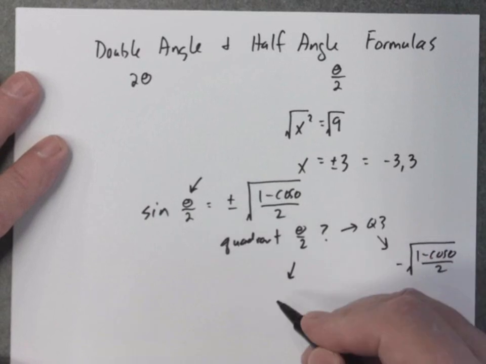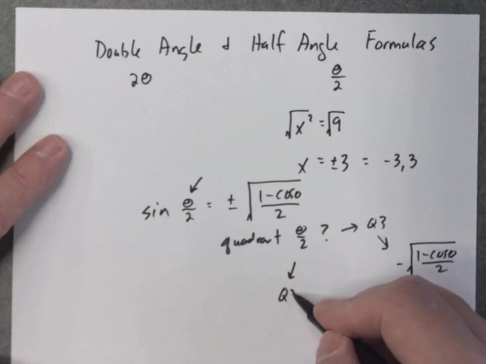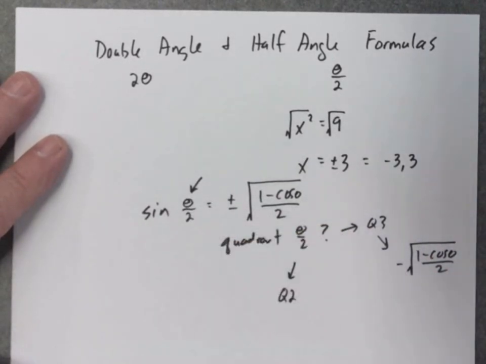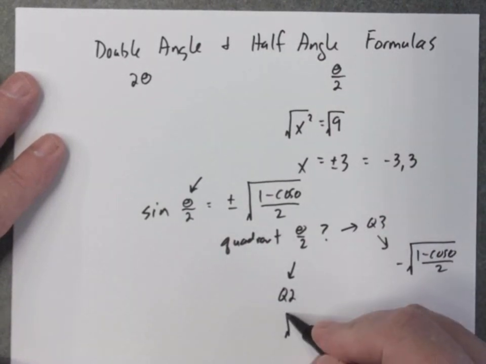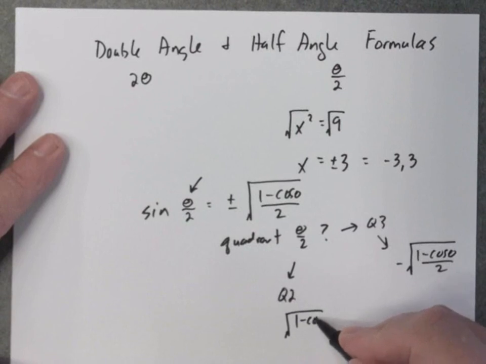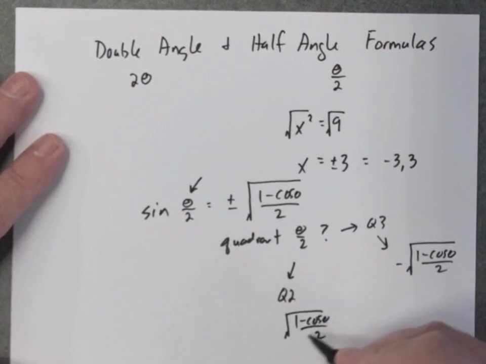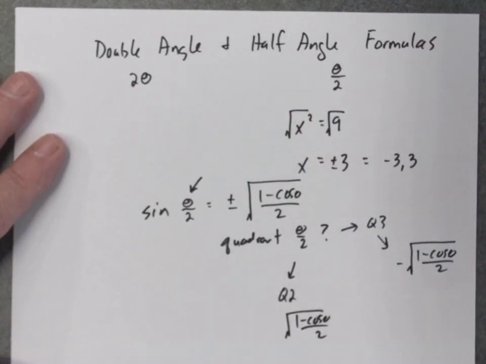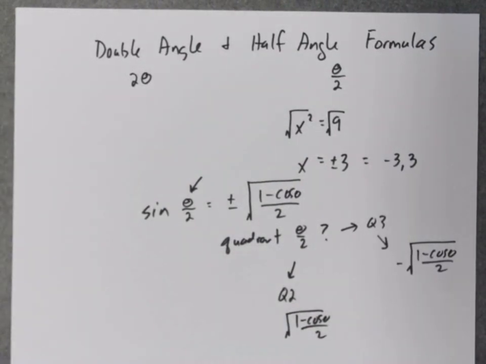If you decide the half angle, theta over 2, is in quadrant 2, then your answer is going to be the positive version. So we will do these problems later on and you'll see that, but that's a heads up.